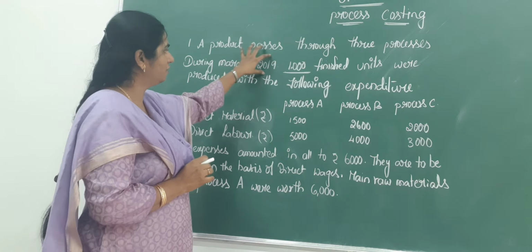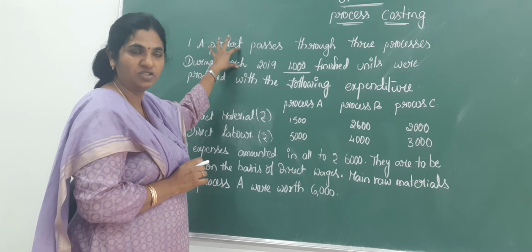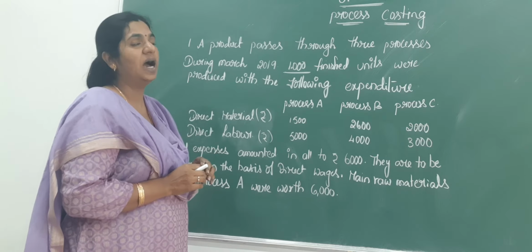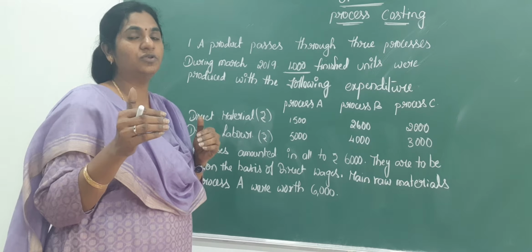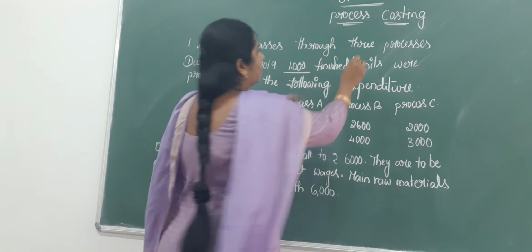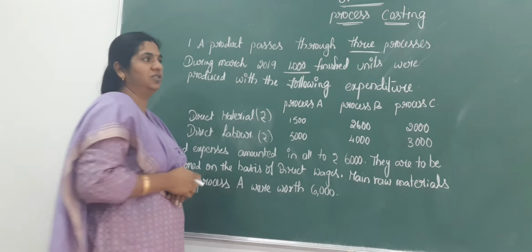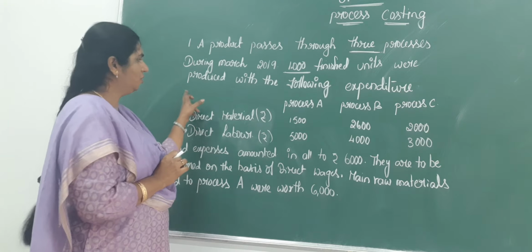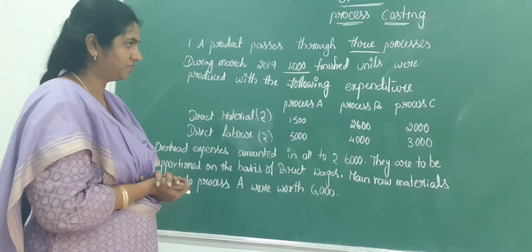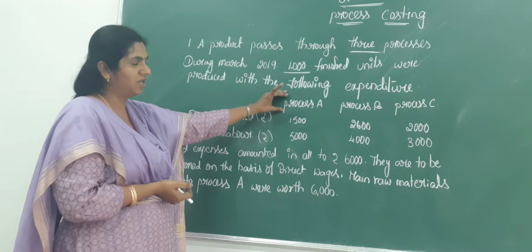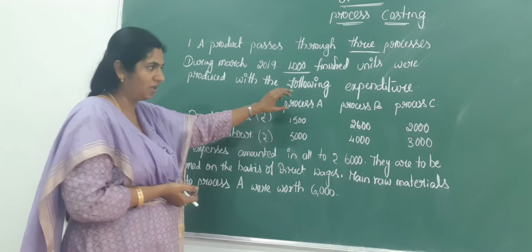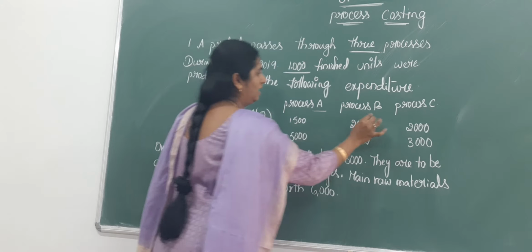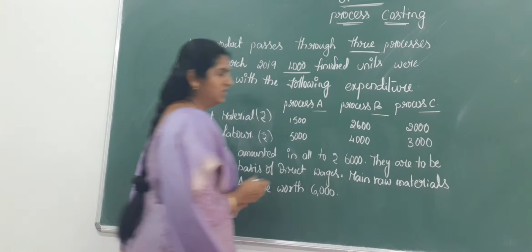So in the month of March in the year 2019, 1,000 units were produced with 3 processes. How many processes are there? 3 processes are there, so we need to check out the expenditures. The 3 processes are process A, process B and process C.